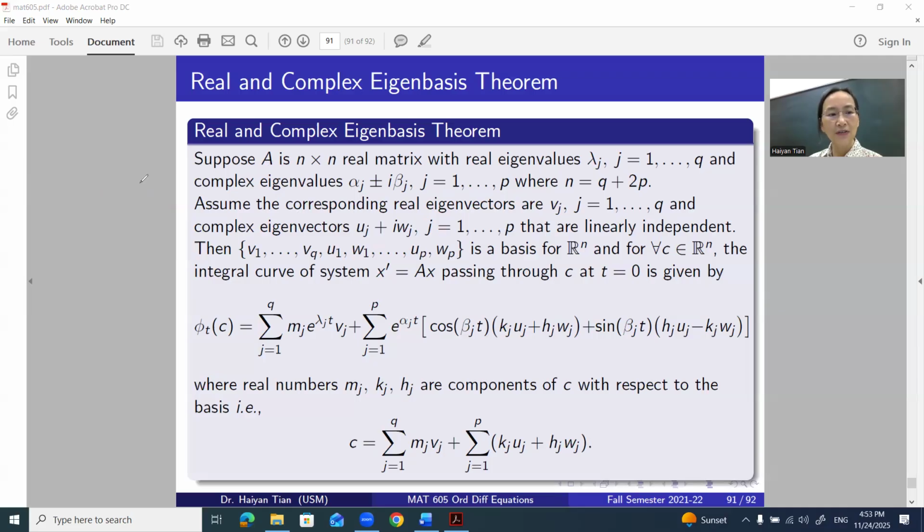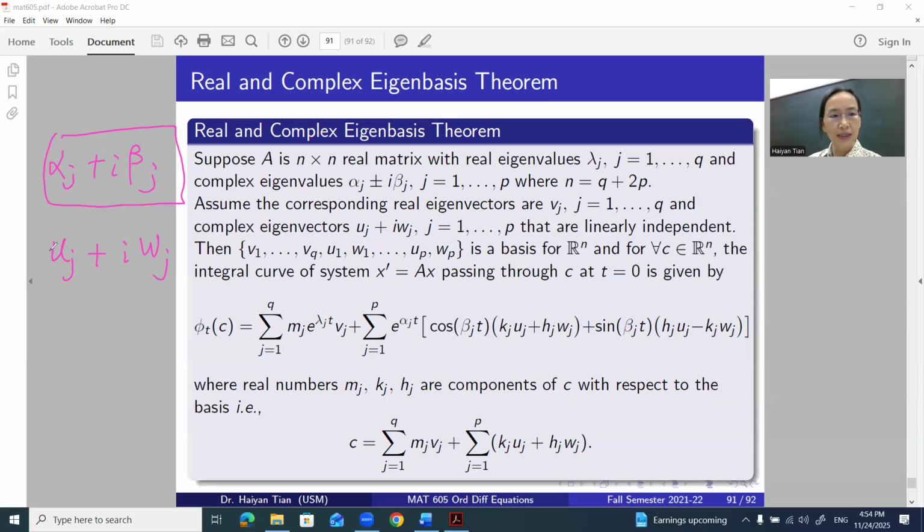And for each alpha j plus i beta j, suppose its corresponding eigenvector is the vector uj plus i wj. Recall that uj is a vector, wj is a vector. They are respectively the real part and imaginary part of the eigenvector corresponding to this eigenvalue.